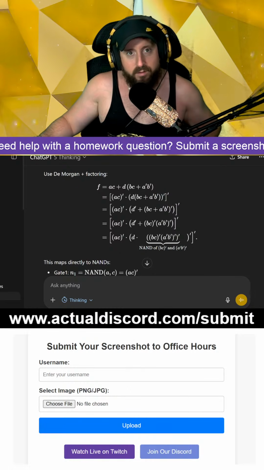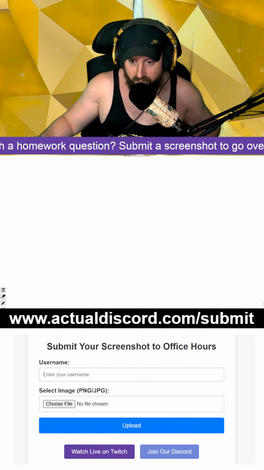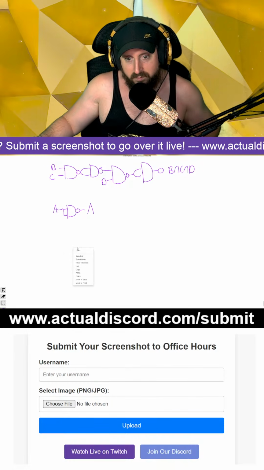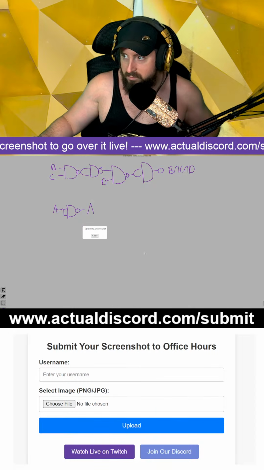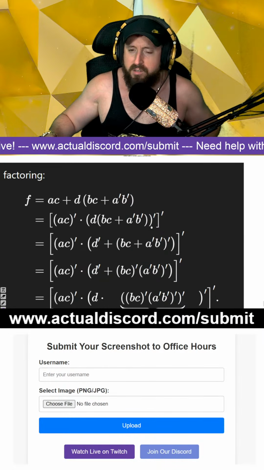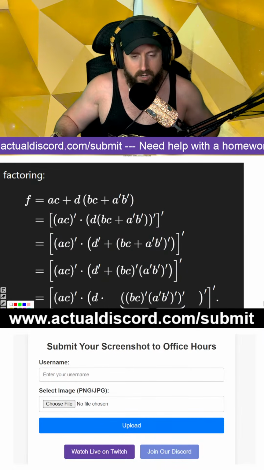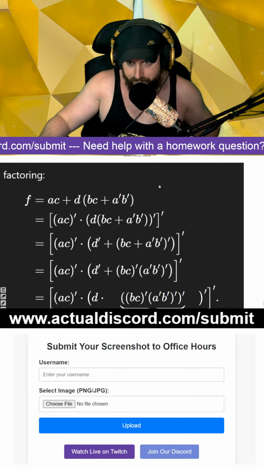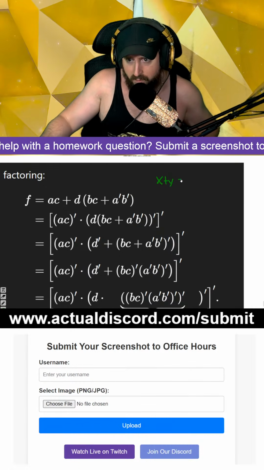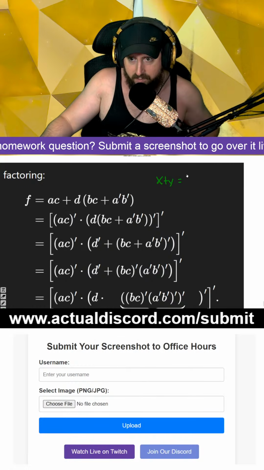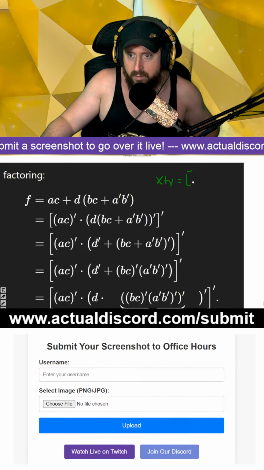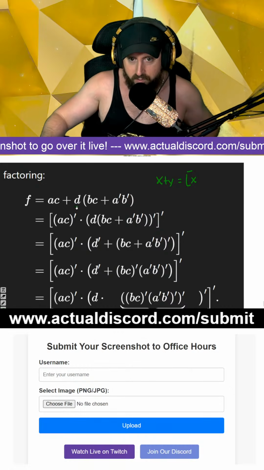All right, one sec. Let's see this. I want to try to understand this. Logic is super cool. Okay. I understand this part, right? Because x plus y is the same thing as not x, which I guess they're using this as not.